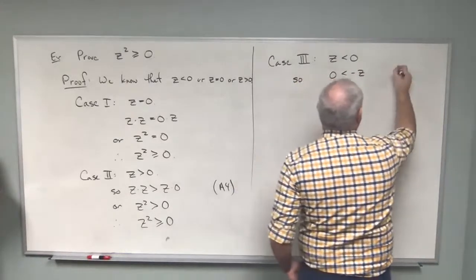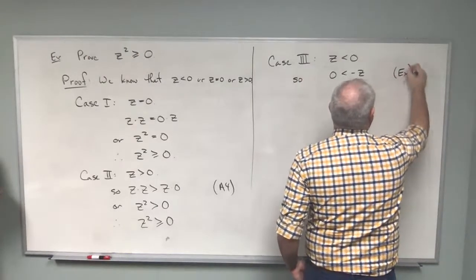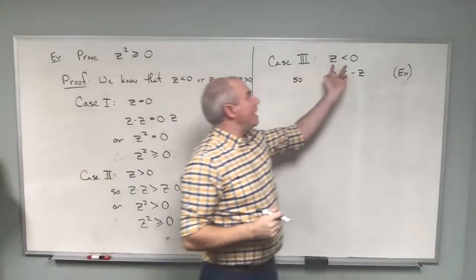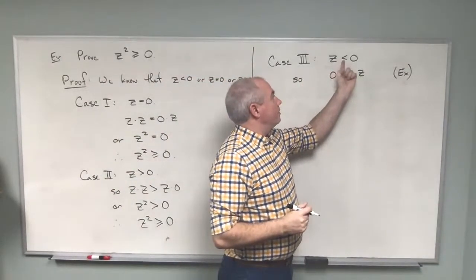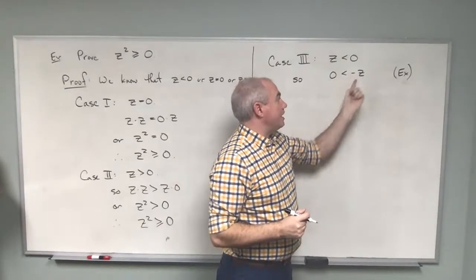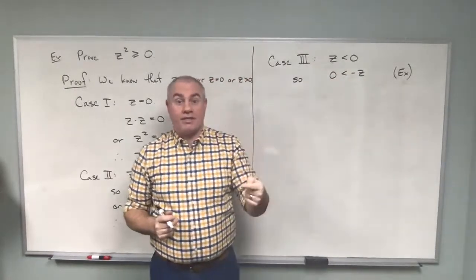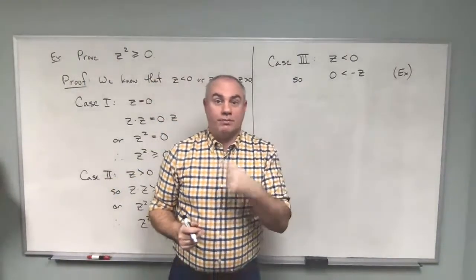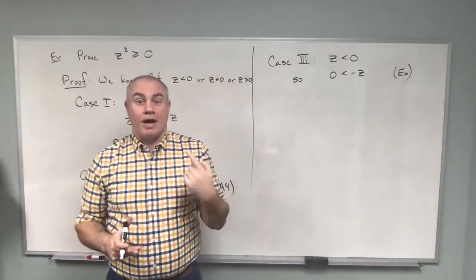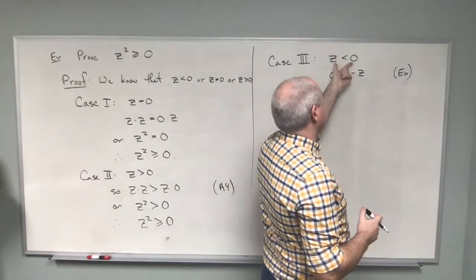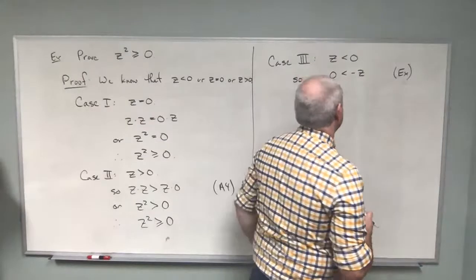That was by an earlier example that I just did. If I negate both sides of this, the sign flips, and so I get that 0 is less than negative z. So negative z is a positive number. But if negative z is a positive number, then I can multiply both sides of an inequality by negative z. How about I multiply both sides of this by negative z?